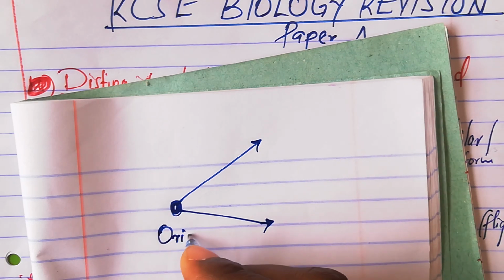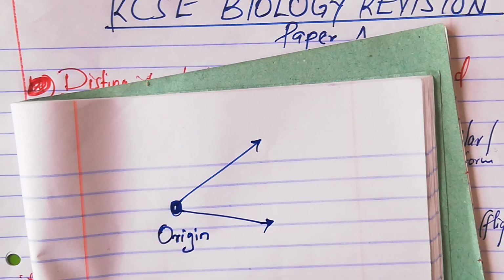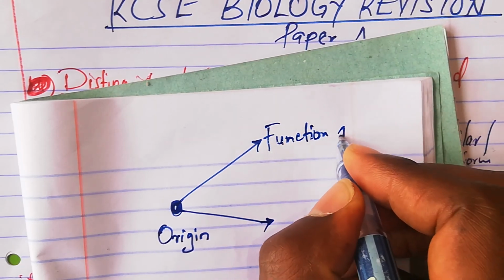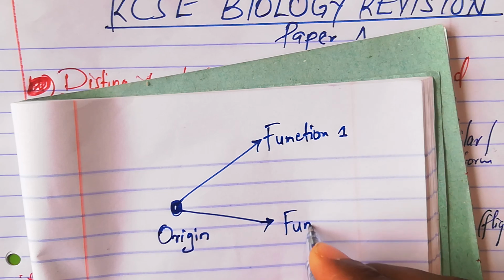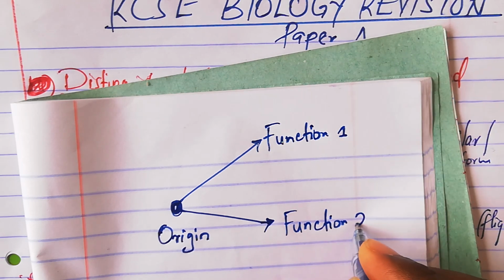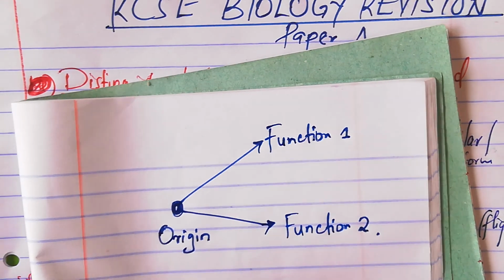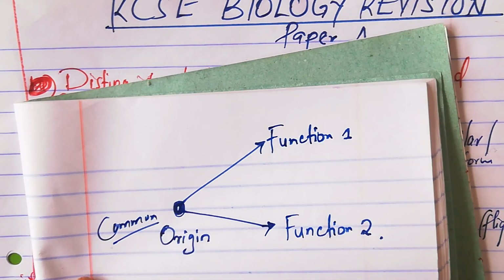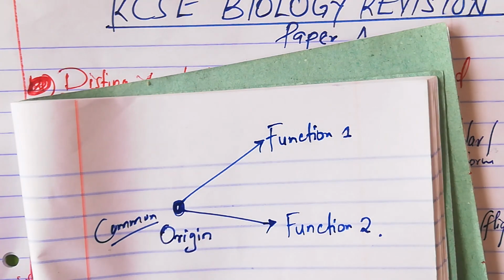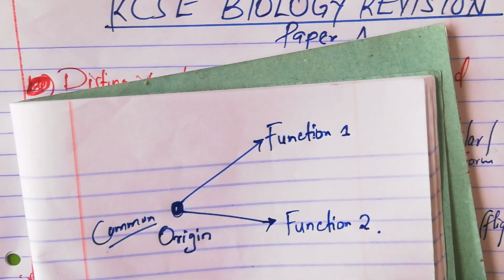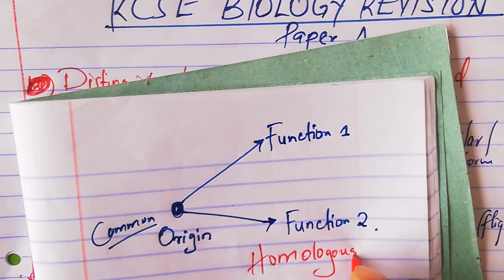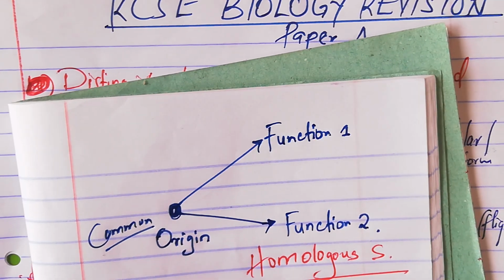This is the embryonic origin, and this is function 1, and then this one is function 2. So if structures are from common embryonic origin but are modified to perform different functions, these structures are called homologous structures.